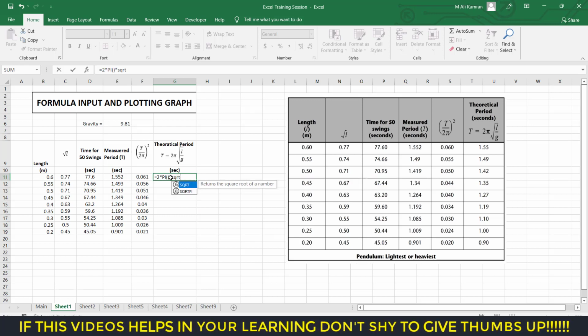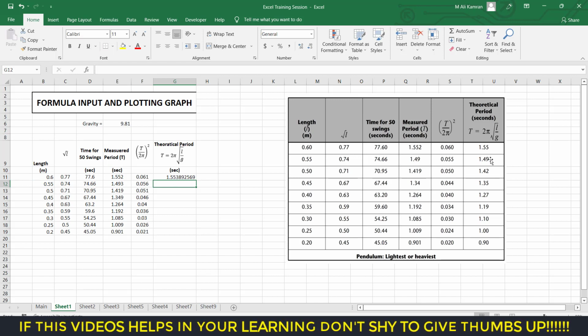So sqrt, press tab, and then L divided by G. So this is the L value, and in this cell I have written the G value, right? So L divided by G, or we can write this G value manually. That is 9.81, right? So this is L divided by G. So enter. So we have 1.553.